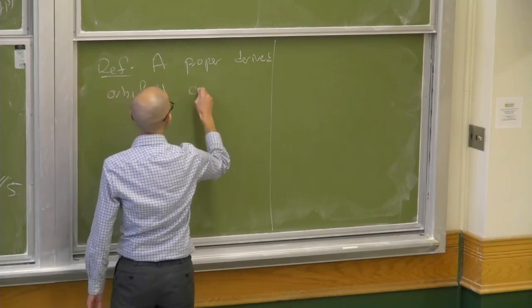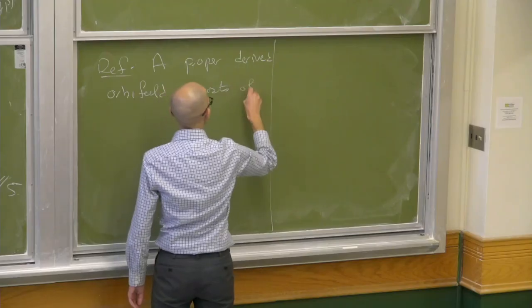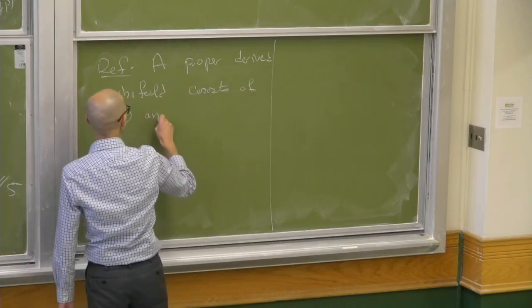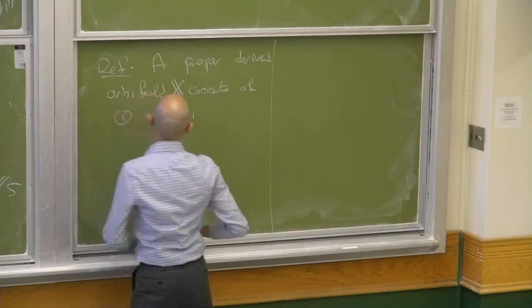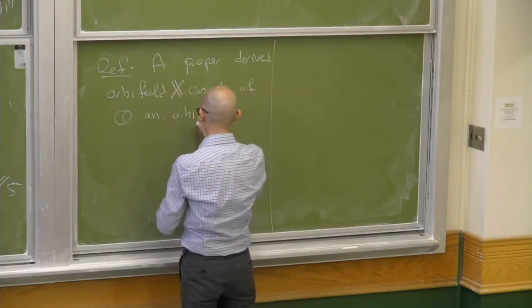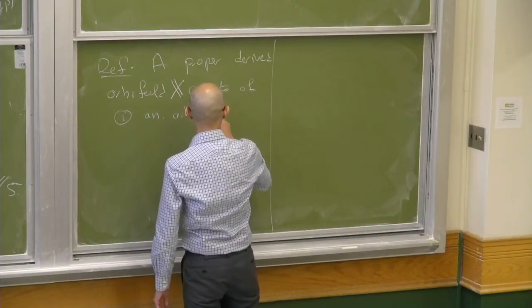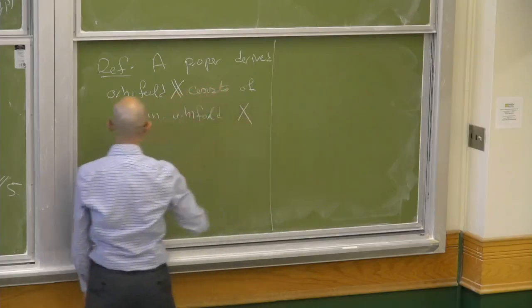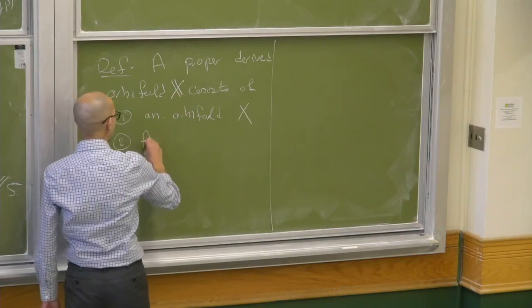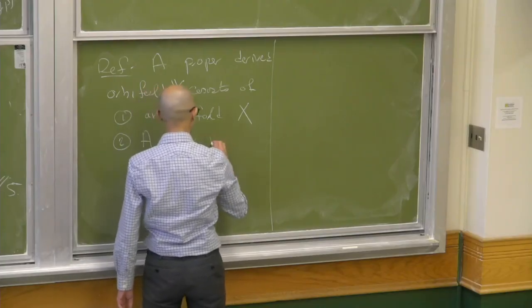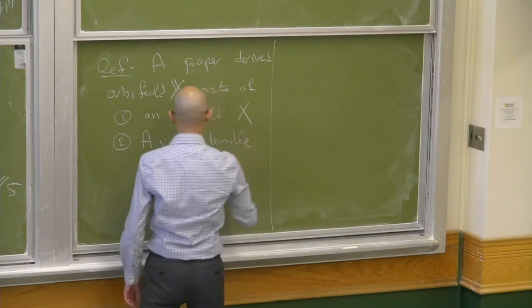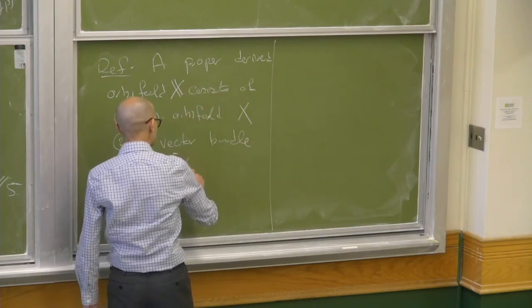Proper derived orbifold consists of 1, an orbifold. So derived orbifold, let's call this X. This is like Blackboard X. Orbifold X. No Blackboard. 2, a vector bundle in the orbifold sense. I call the vector bundle T minus.